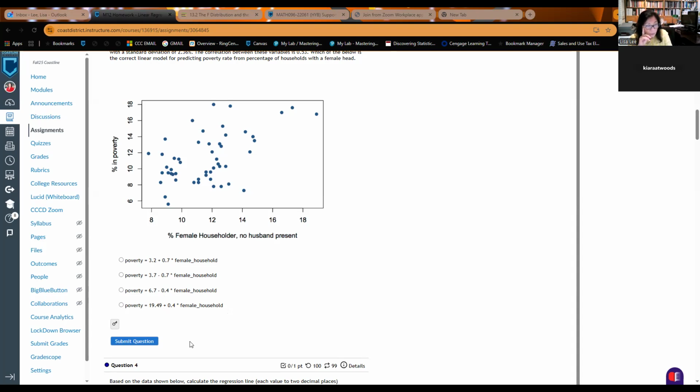Now we have to think about the y-intercept. Where is the number alone by itself? That's what we call the y-intercept in algebra, and in statistics it would be the point where our regression line cuts the vertical axis. So you have to think about it.